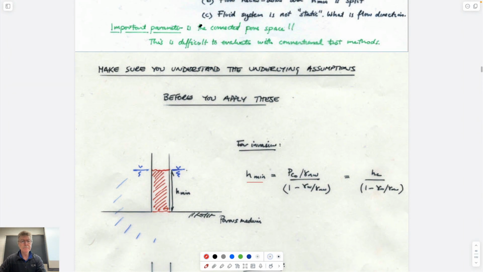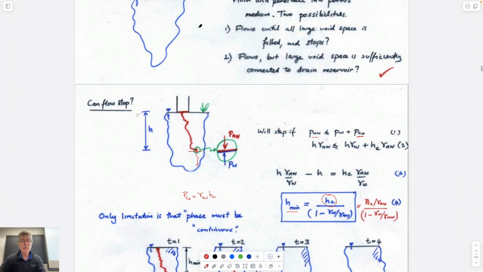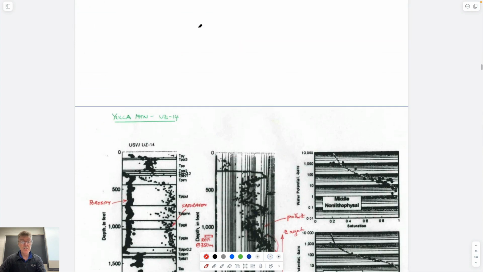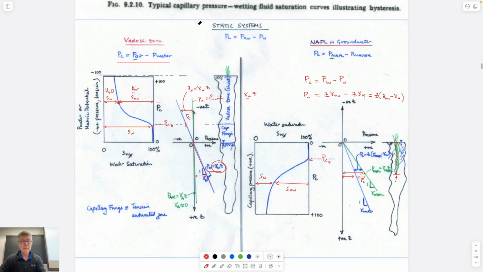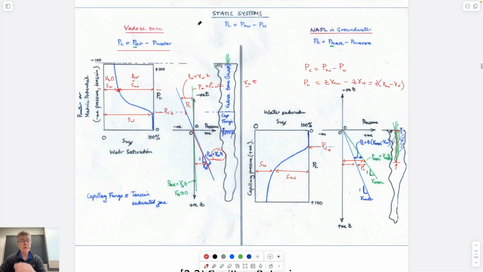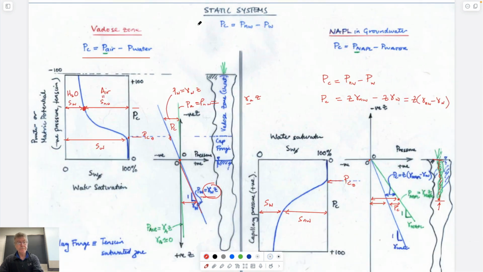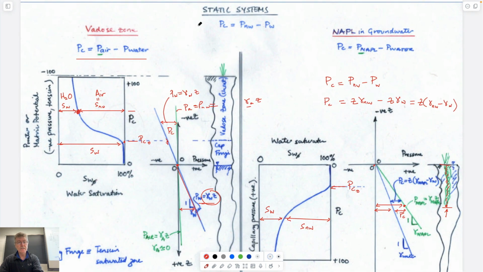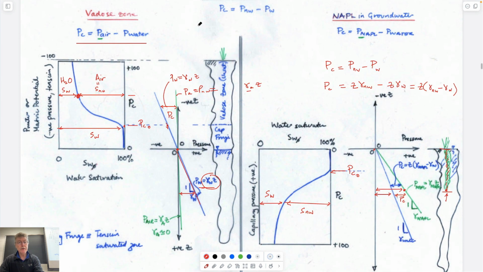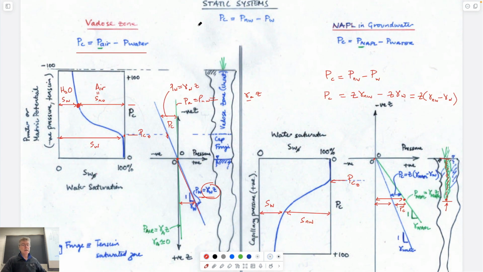So that's about it. So I think the key figure in this, which synthesizes all of this stuff together, is this figure here, which merely allows us to take these capillary pressure diagrams that represent these static systems.